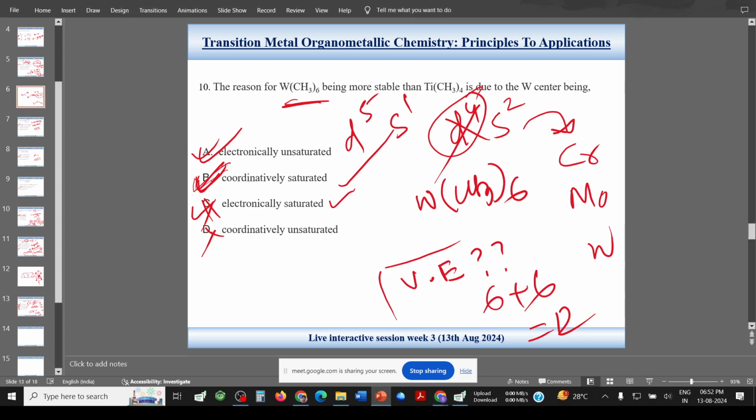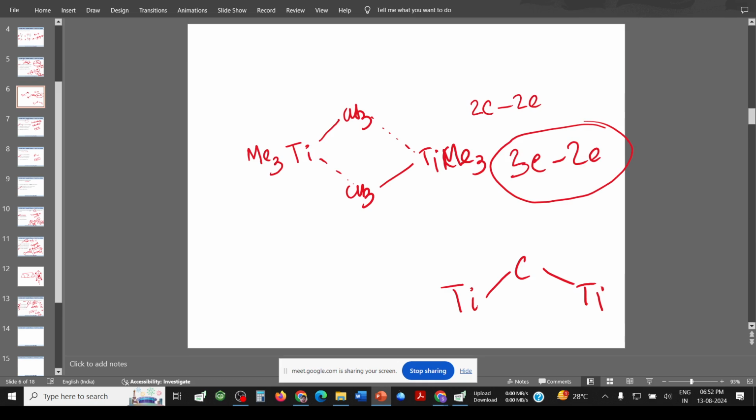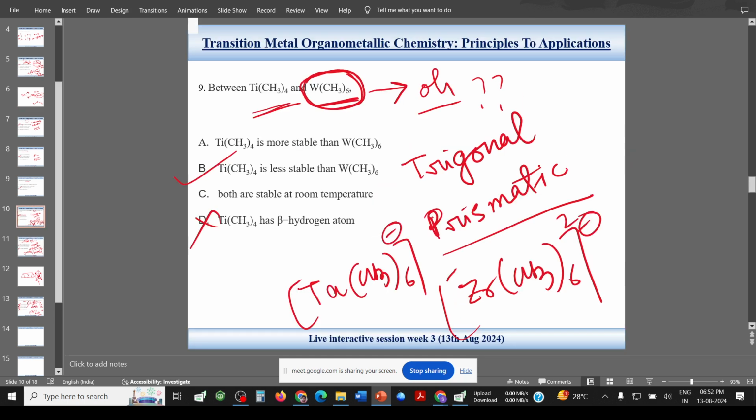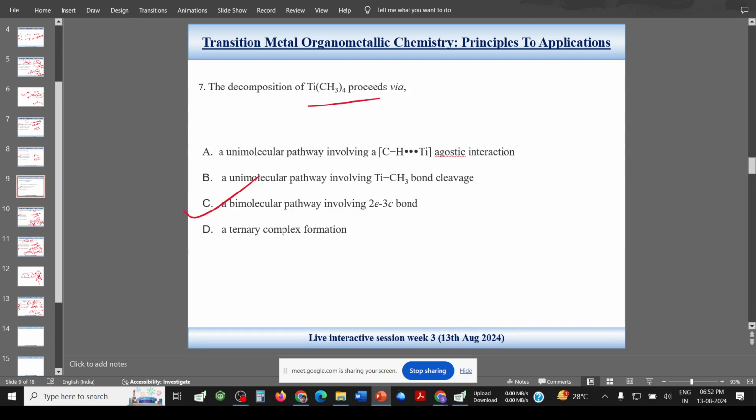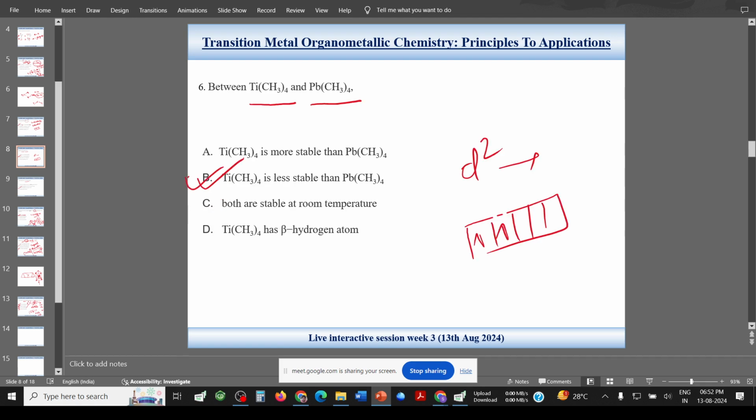So this is the bimolecular pathway, and it is well differentiated by this question. Here we have the same ligand, methyl, in both cases, and the coordination number 4 is fixed for both complexes. But the lead one is stable, whereas the titanium one is not.